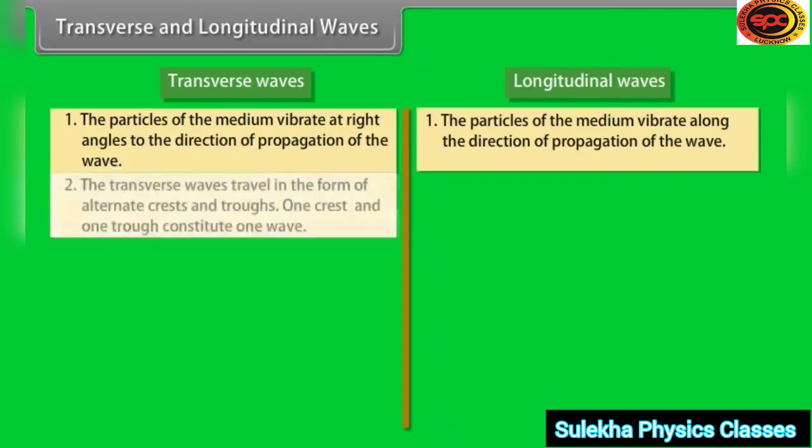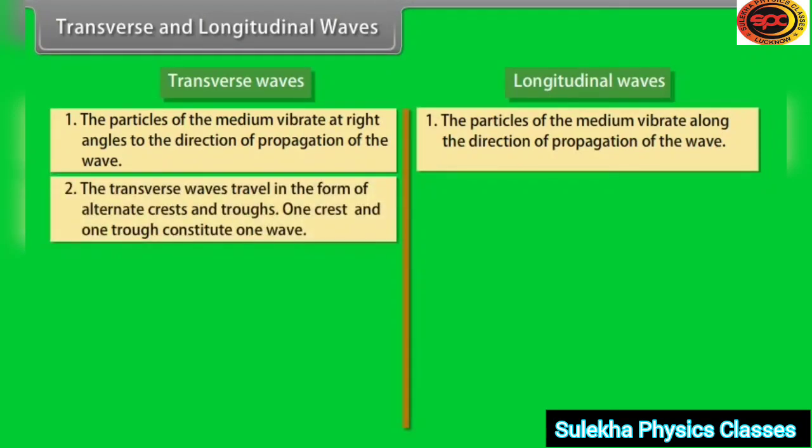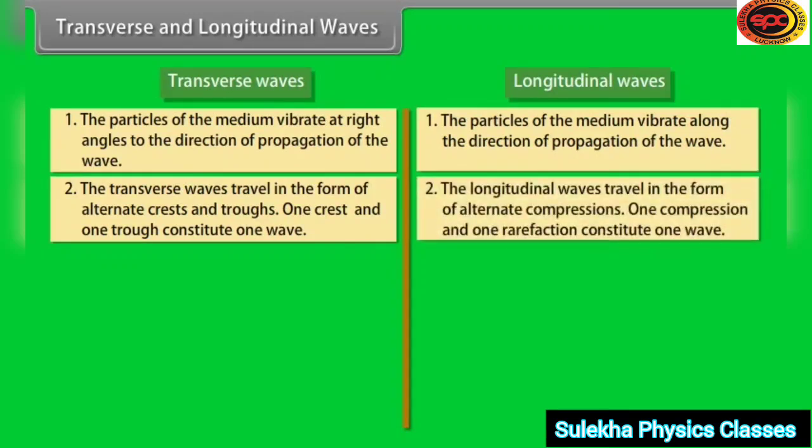Number 2. The transverse waves travel in the form of alternate crests and troughs. One crest and one trough constitute one wave, whereas the longitudinal wave travels in the form of alternate compressions and rarefactions. One compression and one rarefaction constitute one wave.